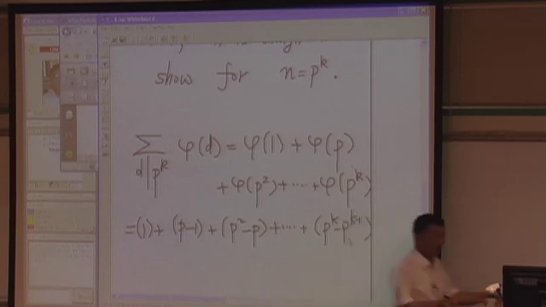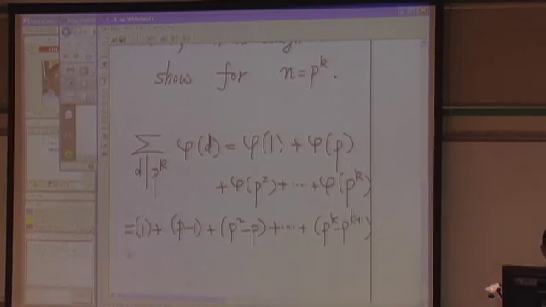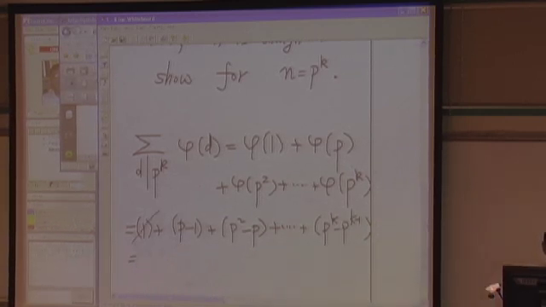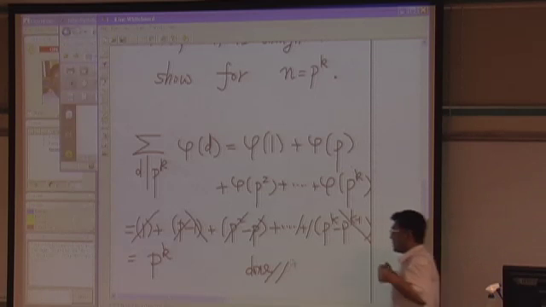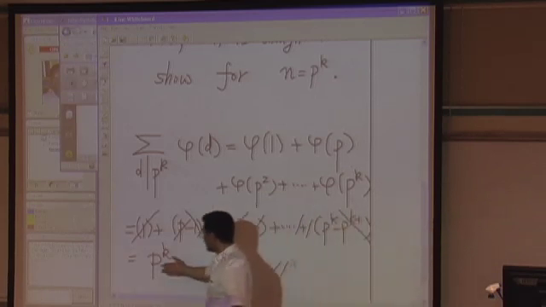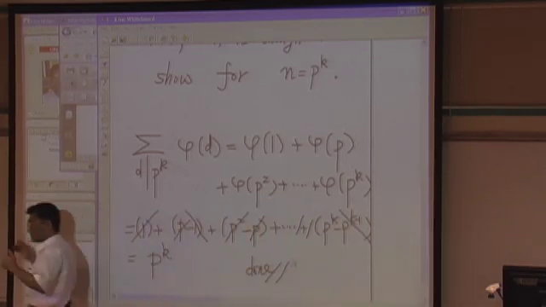Then it is a telescopic sum. We can cancel out this number and this number, this number and this number, and some number here and some number here. Then the only remaining number is p to the power of k. Then done, right? Why? Because it's multiplicative. If we prove the fact for p to the power of k, then it's good enough.